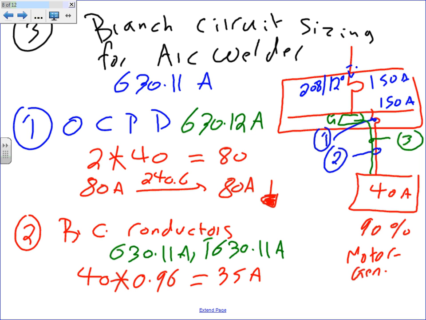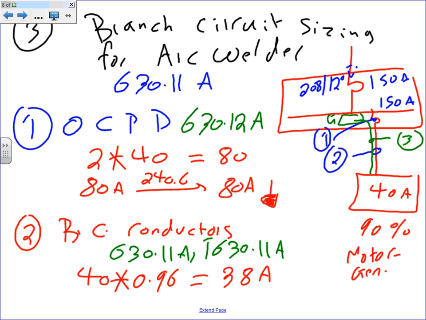That's what I get. 38 amps. Cool. Oladipo, don't make me upset now. 40 times 0.96.